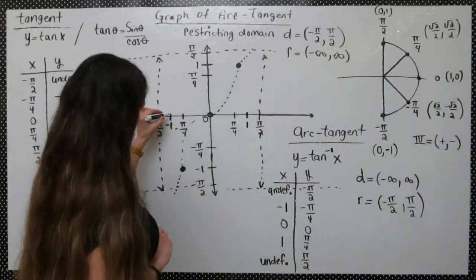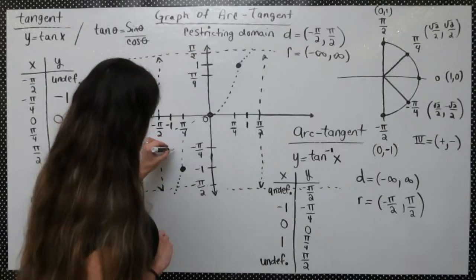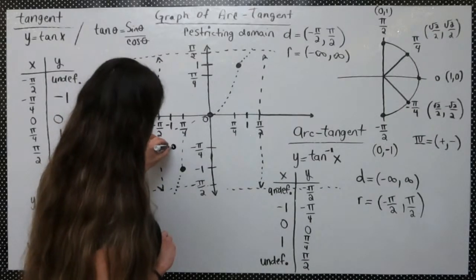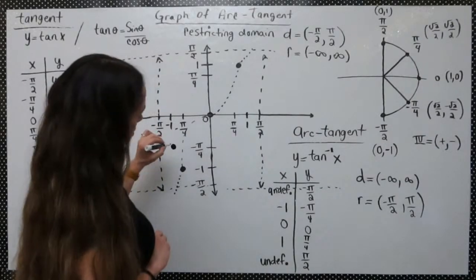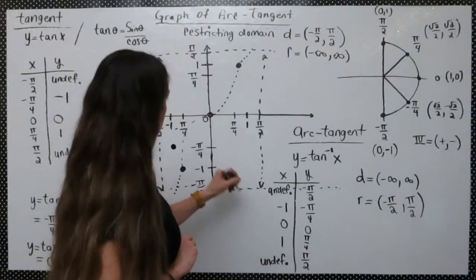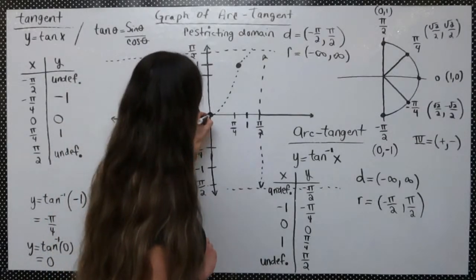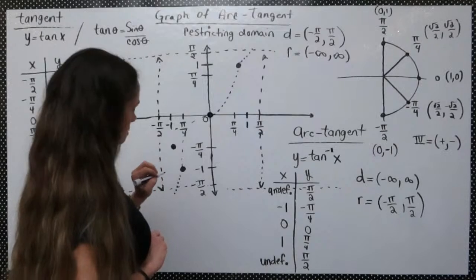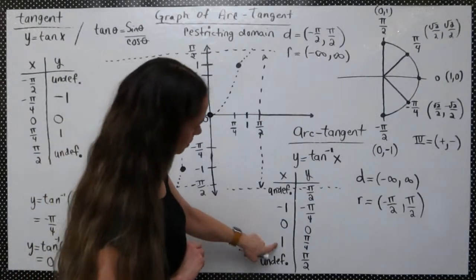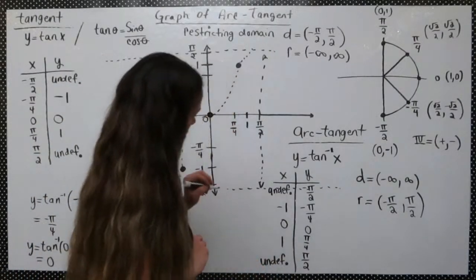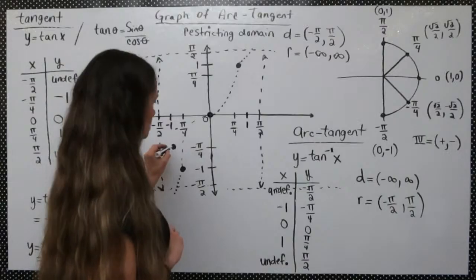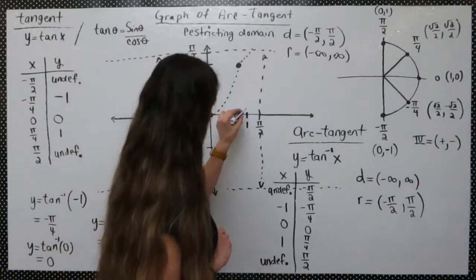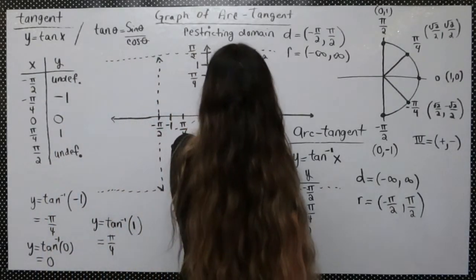All right, and so now I'm just going to plot -1, negative pi over 4. So -1, negative pi over 4 is about right here. And we've got 0, 0, this point in common. And we've got 1, pi over 4. 1, pi over 4 is here.